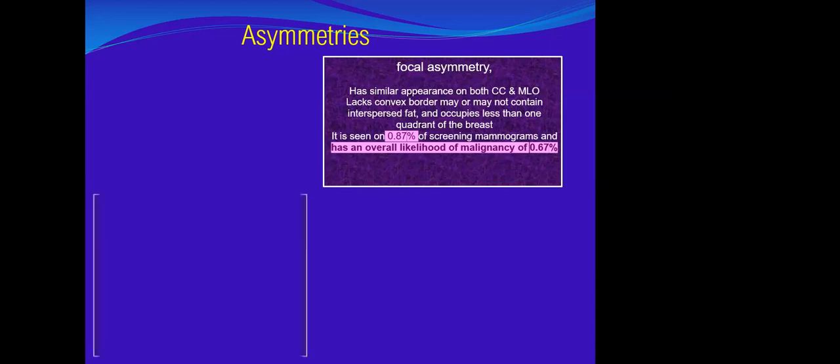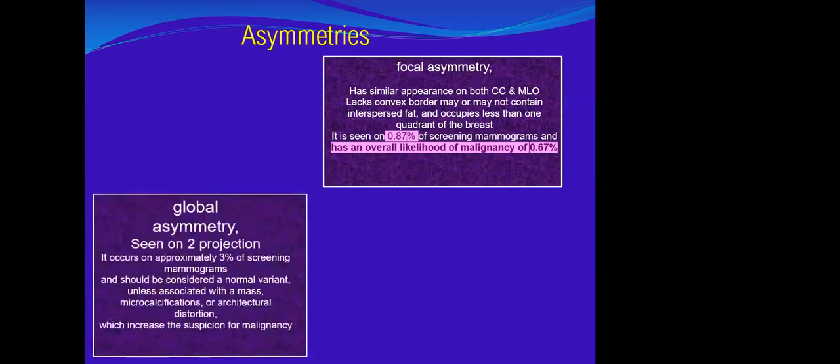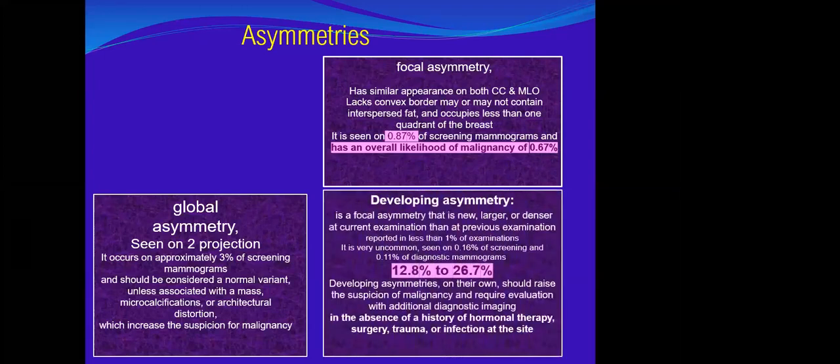Very low probability of malignancy, while global asymmetry occurs in about 3% of screening mammograms and should be considered, as we mentioned before, a normal variant, unless it is associated with a mass, microcalcifications or distortion, which increase suspicion for malignancy.